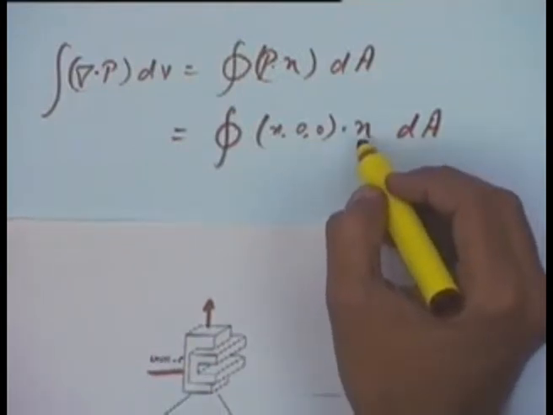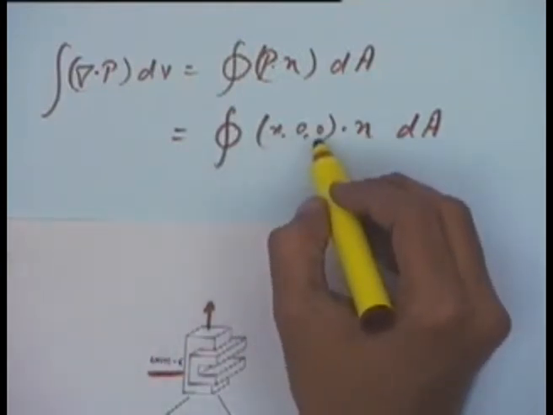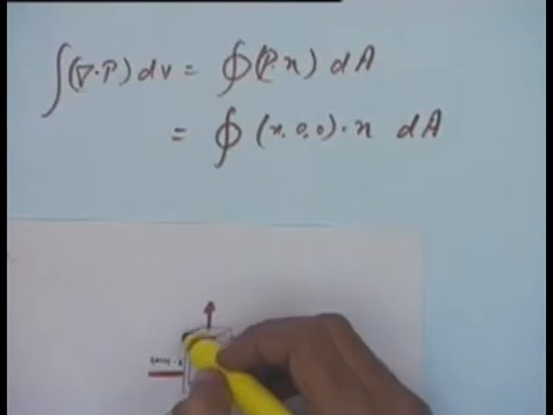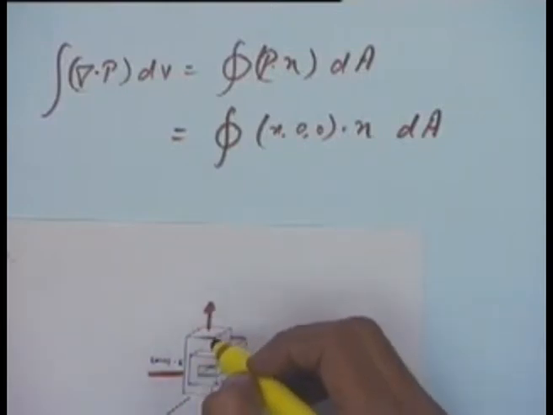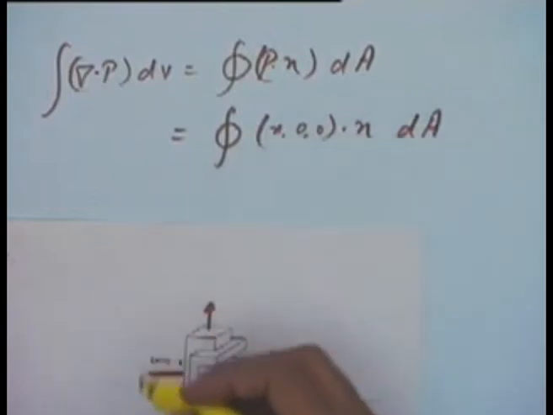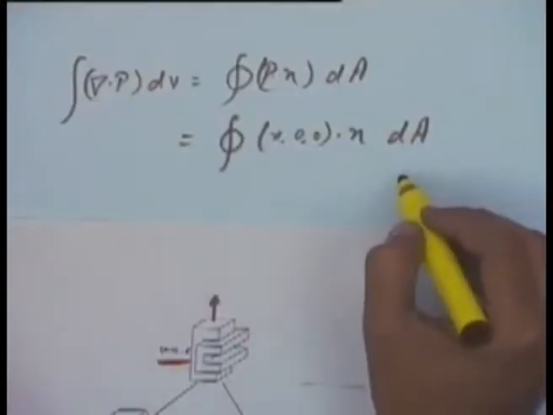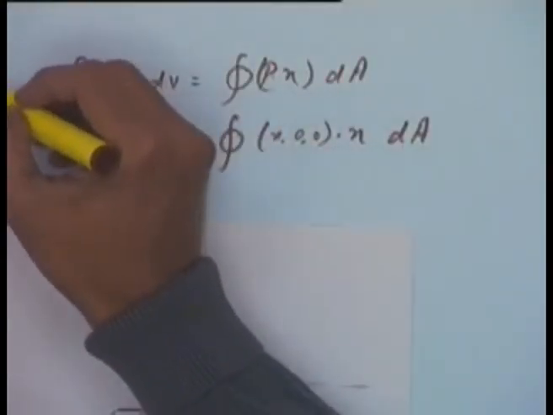Since I know n, I can take its dot product with x 0 0 and then integrate it over this surface, because I know the equation and the details of this surface. This I can repeat for all the surfaces defined in this solid, and the details of the surfaces are known because we have a boundary representation model. So we can evaluate this integral and this will be equal to the volume.